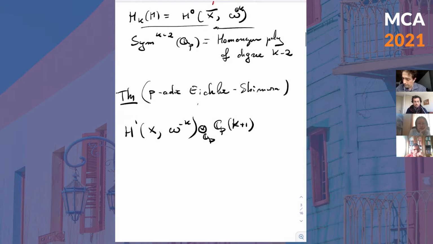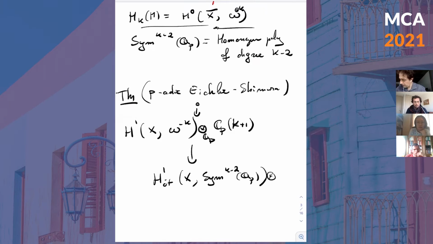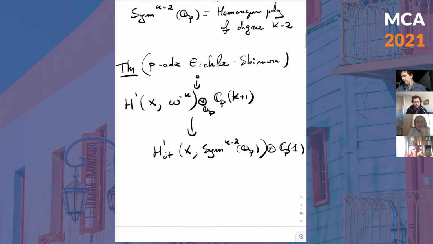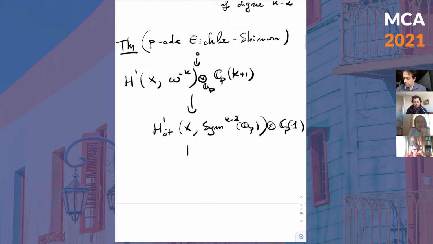This is a subobject of the étale cohomology of X, with coefficient in k minus 2, coefficient in QP, extended with CP, and let me put a twist here. This twist just denotes the Galois action, it's not very important. And as a quotient, I have again exactly this space omega k tensor over QP with CP.